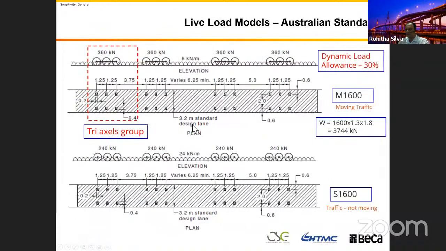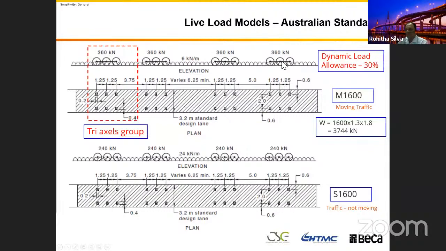If I go down to here, you can see this M1600 load configuration. It's got a group, we call a triaxle group, 1, 2, 3, 4. Each axle weighs 120 kilonewton. In other words, 3 axles weigh 360 kilonewton.